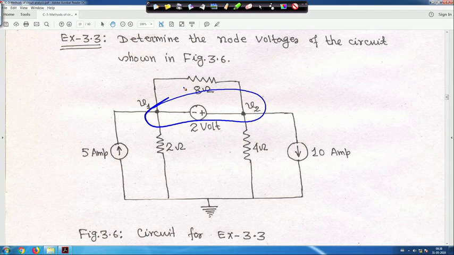So, the 8 ohm resistor is not making any difference to the voltages V 1 and V 2 whatsoever. That means it has no effect on the super node, that is why it is not making any impact. Anyway, this is one example of the super node.